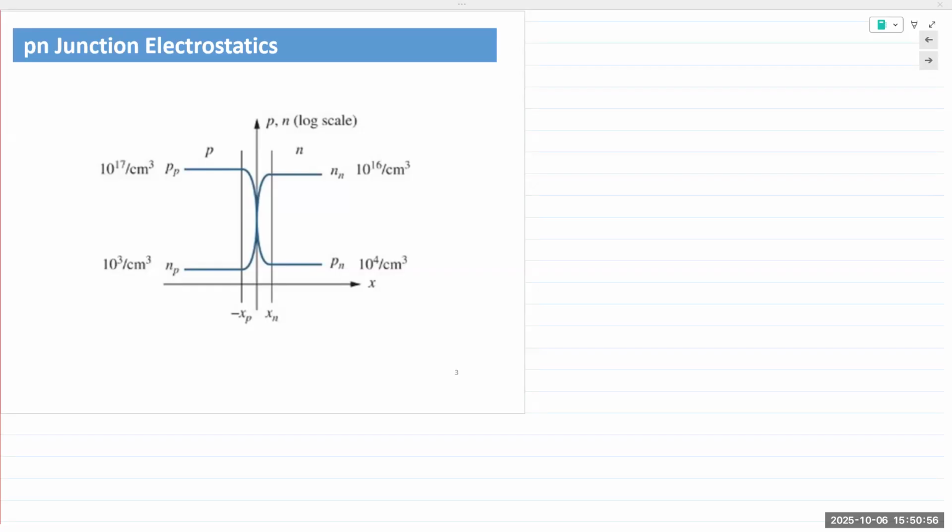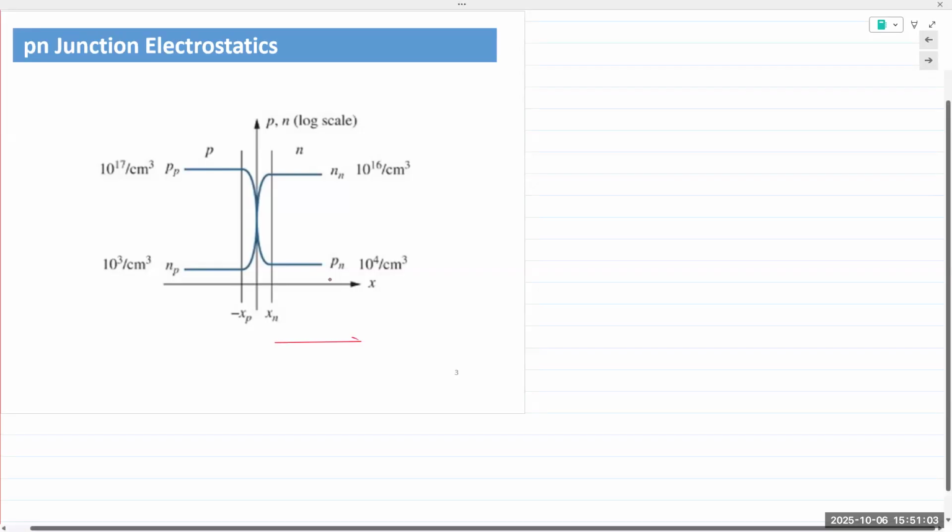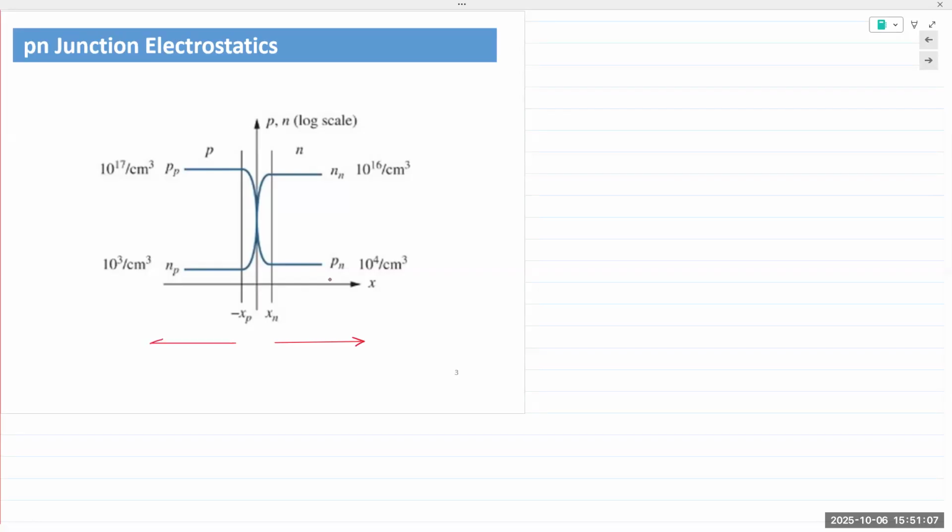Now, on the x-axis, we are showing how deep it's going into the semiconductor material, and here, how deep it's going in the opposite direction for the p-type. Again, this is simply a two-dimensional schematic, not a physical representation. So this refers to the n-type, and this refers to the p-type.